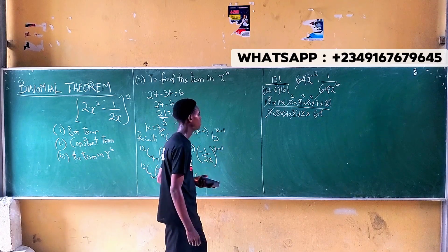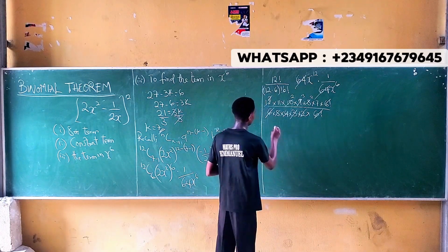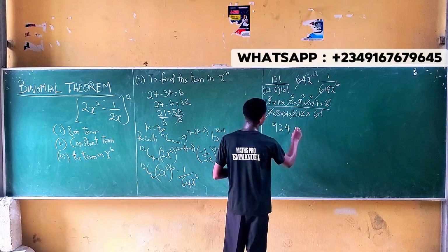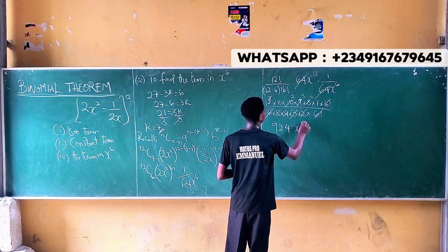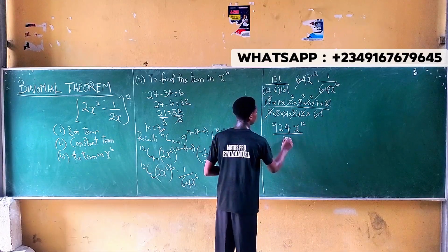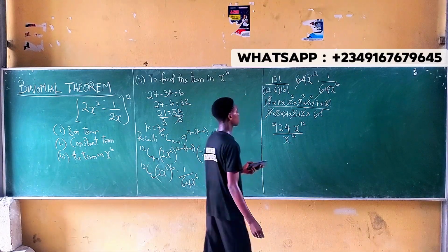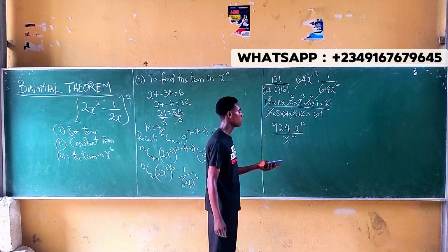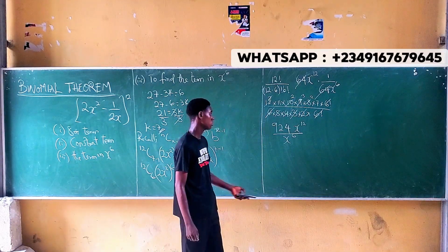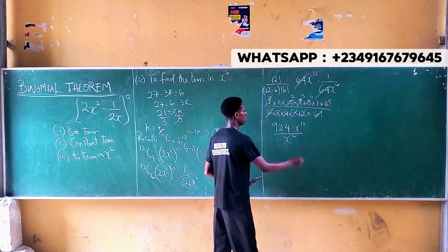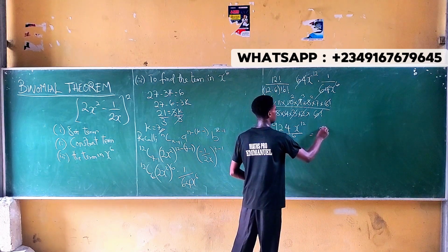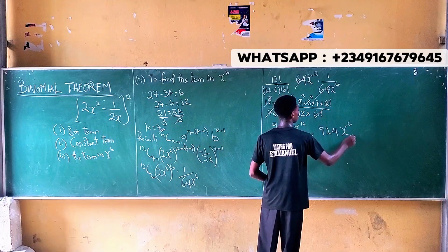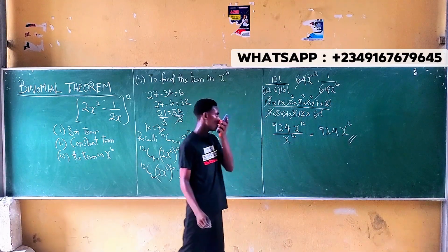The result is 924, x raised to the power of 12 all over x raised to the power of 6. When I have something like this, I'll just subtract the index and then I'll have 924 x raised to the power of 6. So now this becomes the answer.